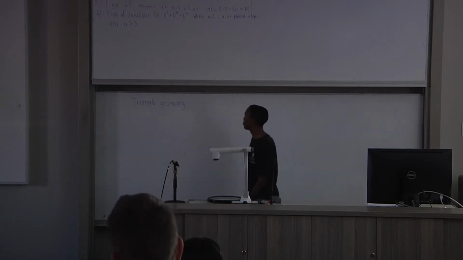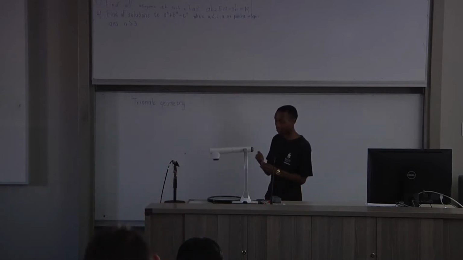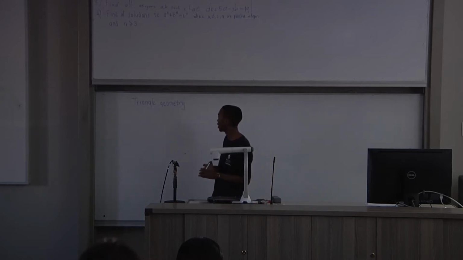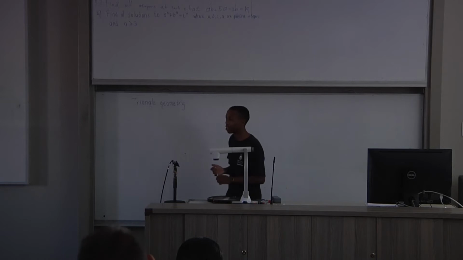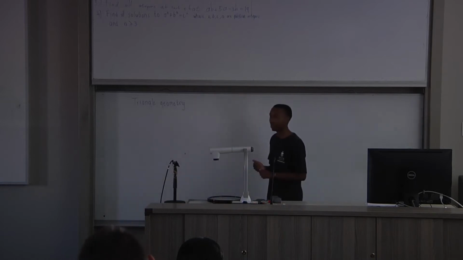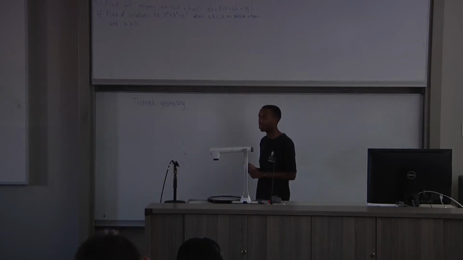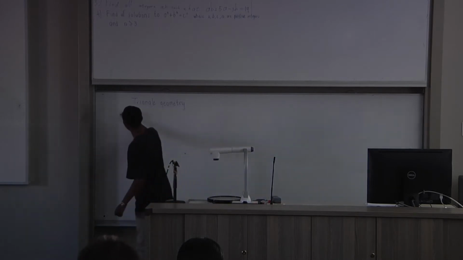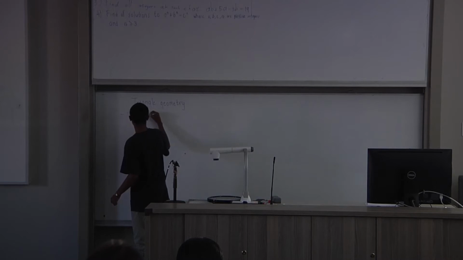Triangles are quite important because in almost every geometry question you do, there's always a triangle of some sort, and it's useful to know all its properties and how to apply them well. So we'll start off with what it means for triangles to be congruent and what it means for triangles to be similar.